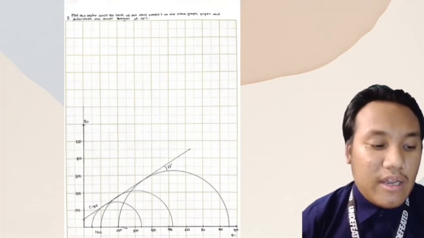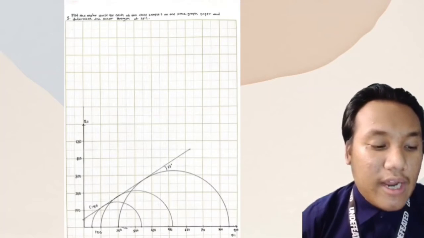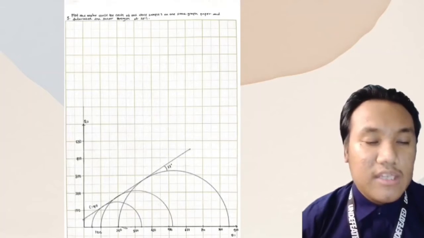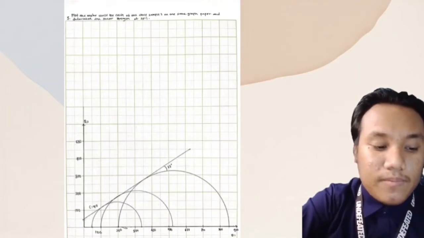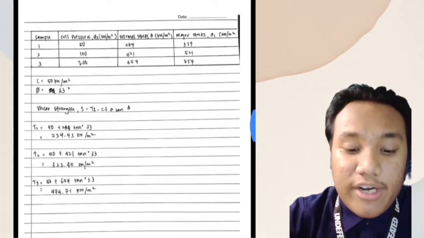Then as you can see, for the friction angle of soil, the value is 33 degrees, and for the cohesion it is 50. Let me explain how to find the shear strength.